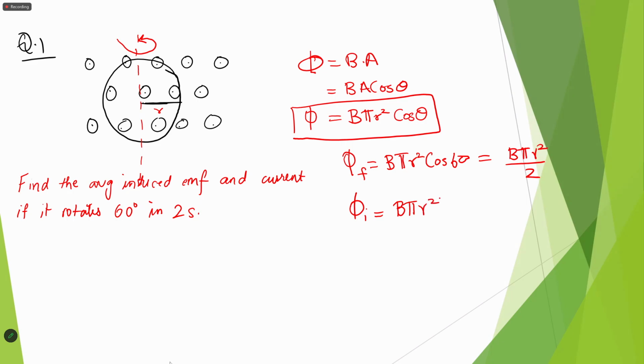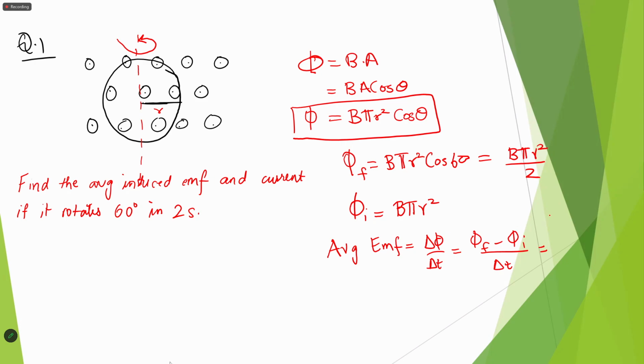They are asking me to find average EMF. You know that the average EMF is going to be delta phi by delta t, which is equal to phi final minus phi initial divided by delta t, which is time t. And how much will that become?